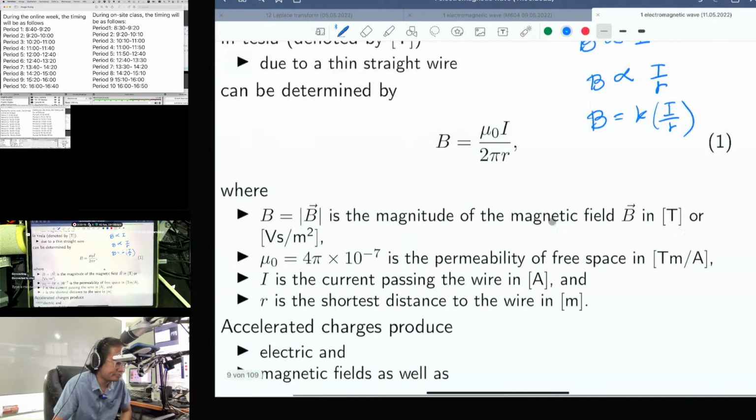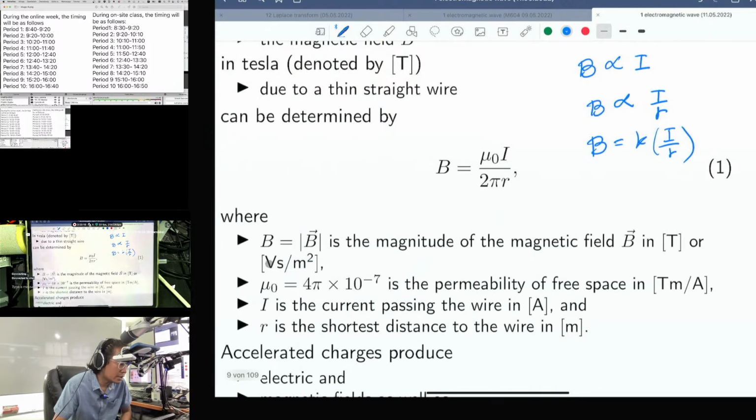Okay, the constant mu 0 is fixed. You may have to memorize it, and the unit of this one is Tesla times meter per ampere.